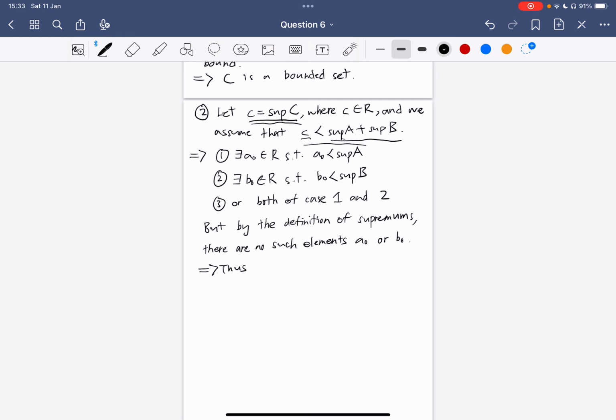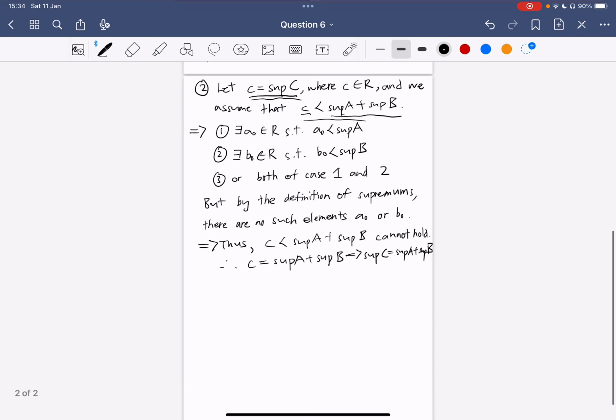Thus, this inequality cannot hold, and c would be equivalent to sup A plus sup B, because this is the lowest value possible, and that implies that sup C is equivalent to sup A plus sup B, right?